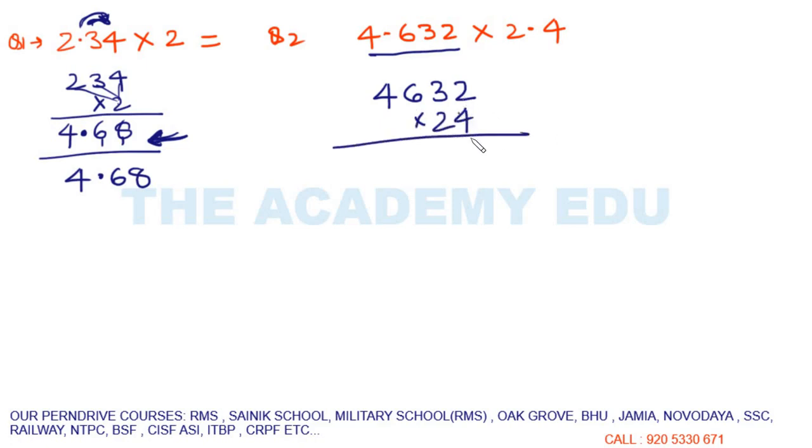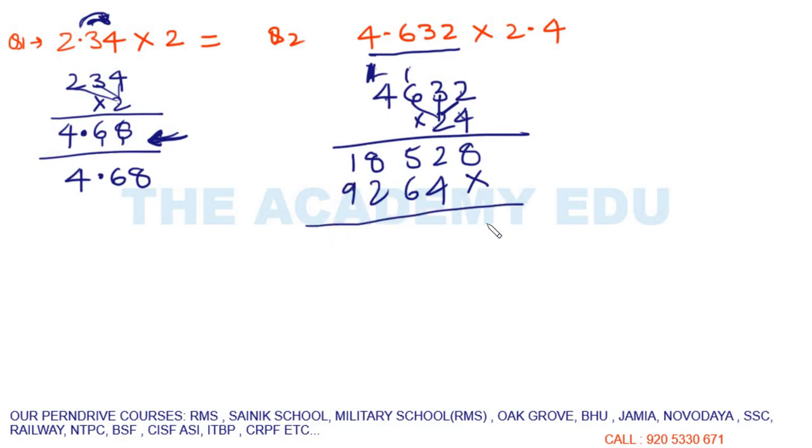So we have 4 2s are 8, 4 3s are 12, 1, 6 4s are 24 plus 1, 25, 2, 4 4s are 16 plus 2, 18, right? Cut over here. Now multiply this 2. 2 2s are 4, 3 2s are 6, 6 2s are 12, 1 carry over here, and 4 2s are 8 plus 1, 9.